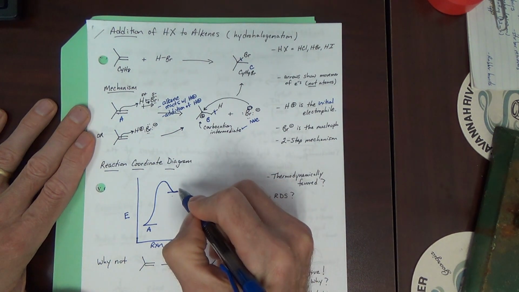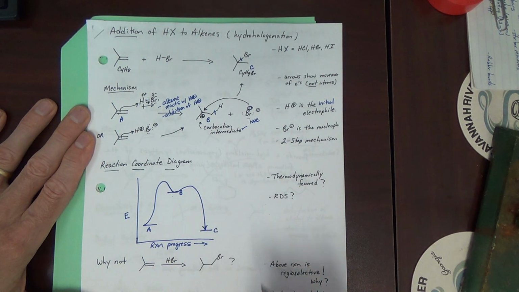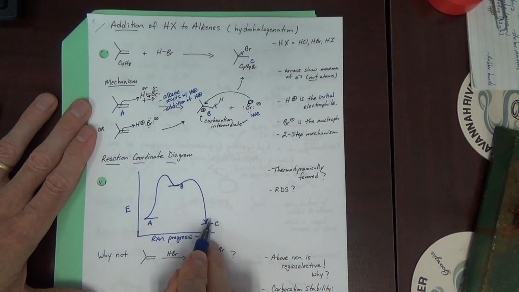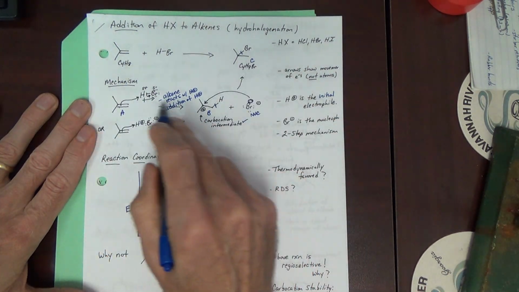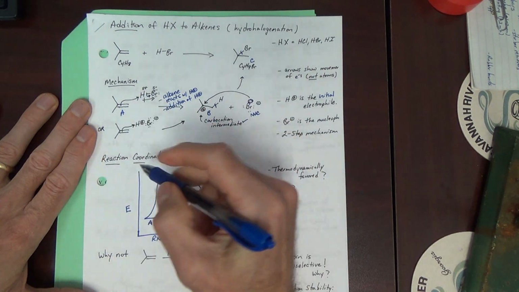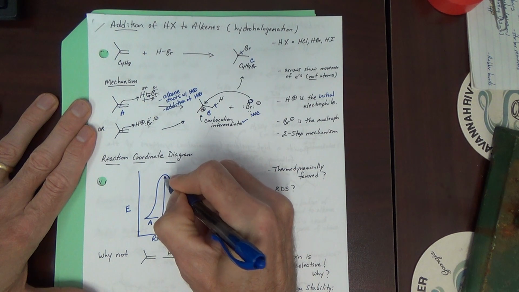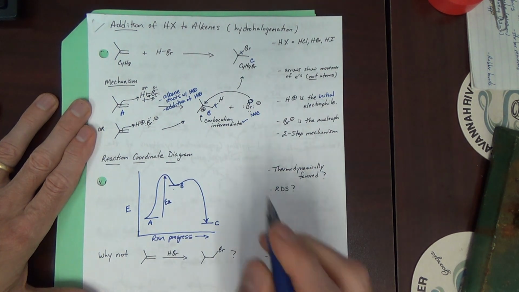And then from there, it's going to be, bam. And the first step should be the addition of the H plus, the alkene attacking the H plus. And that's going to be your overall activation energy.